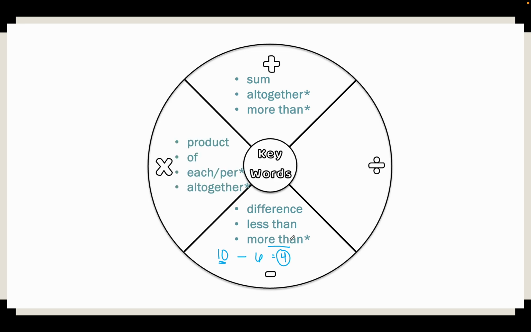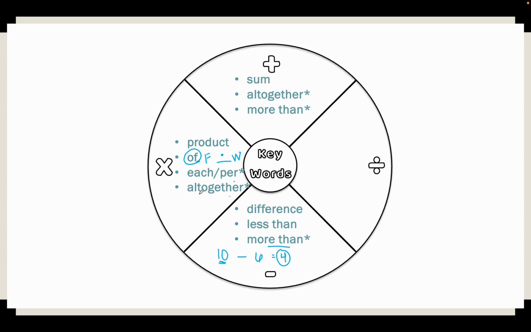Multiplication, we have product, the word of, which is when we're talking about a fraction or a percent of a whole, that is multiplication. So a fraction of a whole is multiplication. And then we have each and per, and then we have altogether.